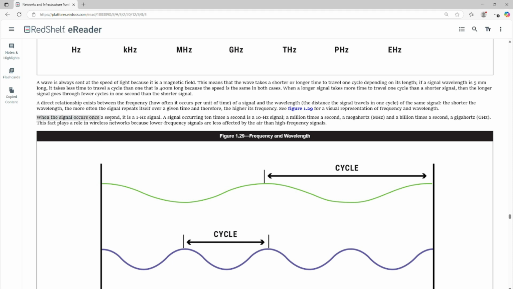Therefore, when a signal occurs once a second, it is 1 hertz. If it occurs 10 times, it becomes 10 hertz. If it occurs 1,000,000 times in a second, it becomes a megahertz. And 1,000,000,000 times a second, it becomes a gigahertz.